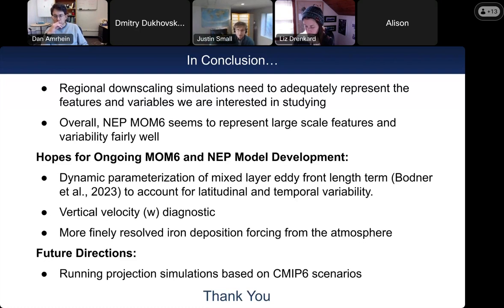Say you're looking at a large area average, then maybe the coarse resolution model is sufficient. But I'm sure there's other metrics like EKE and things like that where you need a high resolution model. So I thought that was interesting, and just kind of making that point.